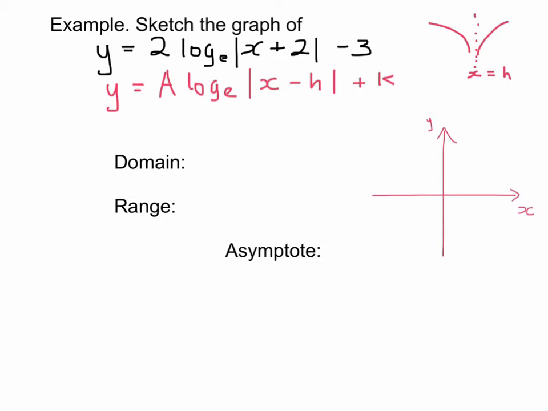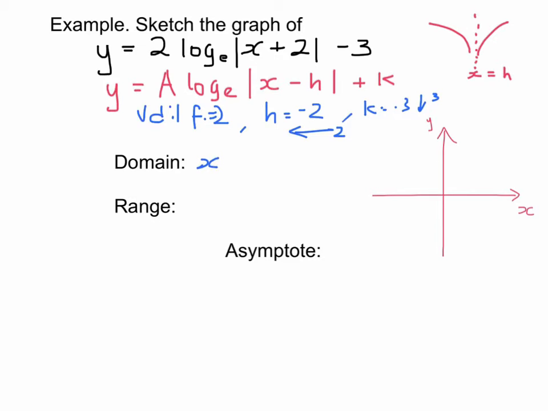So if I look at this, what I have is a vertical dilation factor of 2, and we've got an h value of -2, which means it moves 2 units to the left, and a k value of -3, which means it's gone down 3, which isn't really that much of a factor in log sketches. So what's our domain? Our domain is everything except for -2.